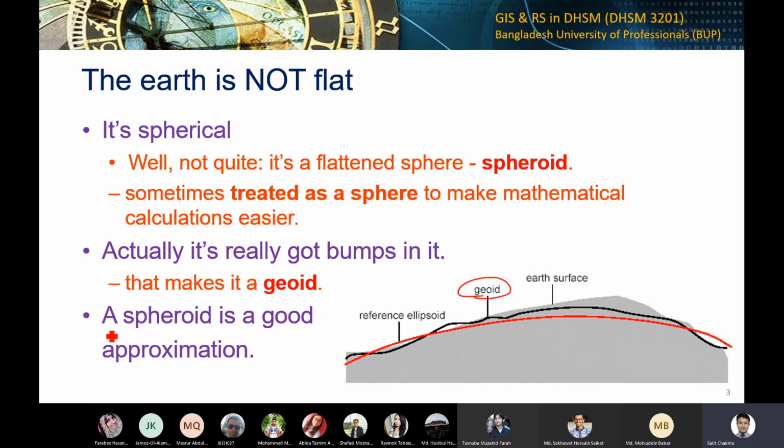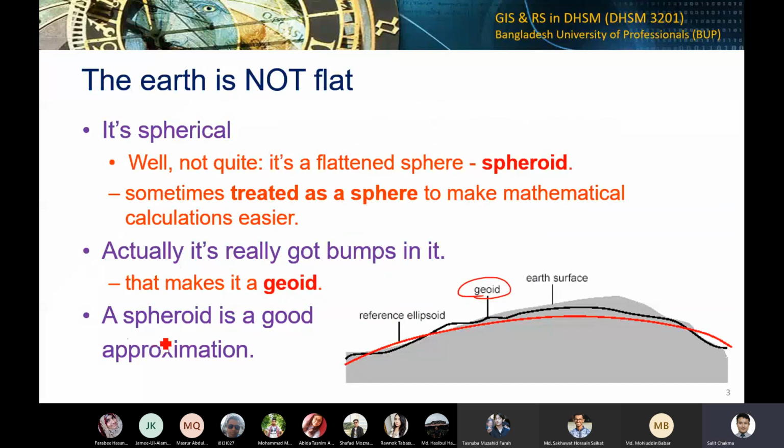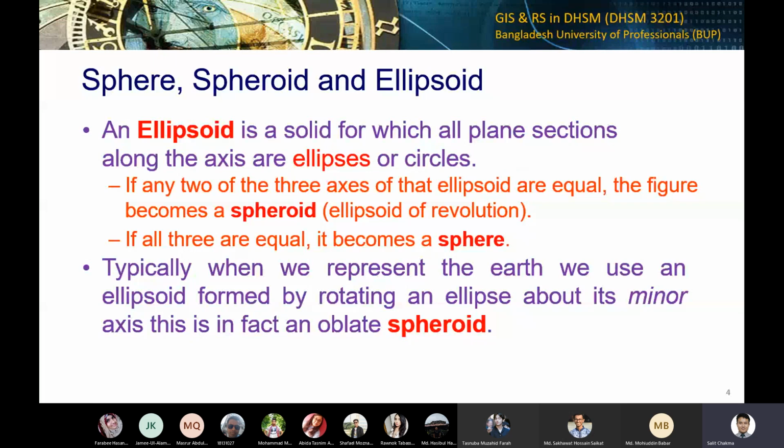Now the spheroid is a good approximation to imagine Earth. But now we have to understand what a spheroid is. If you have one sphere, the shape that it makes is a spheroid. But to understand that, first we have to understand what an ellipsoid is. An ellipsoid is a solid for which all plane sections along the axis are ellipses or circles.